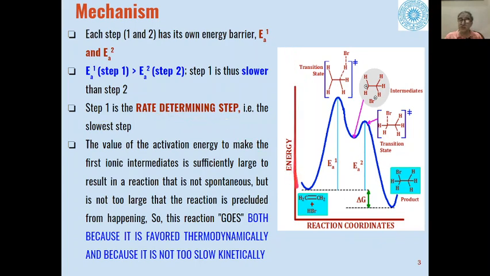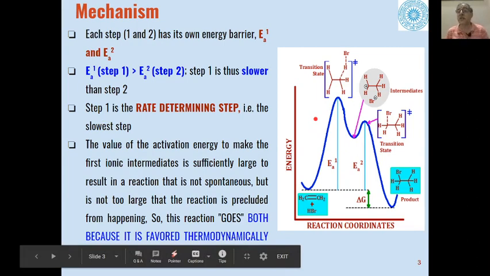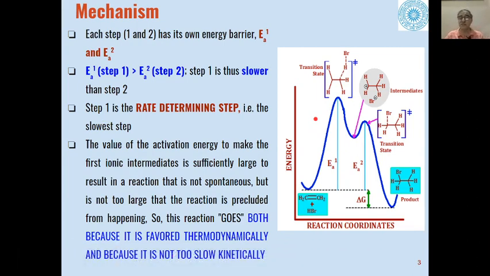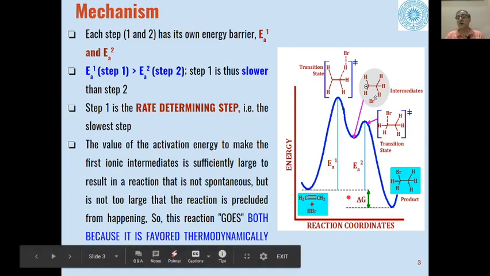So these are the various pieces of information which we can get from these types of potential energy level diagrams, and then we can know about the energy of activation for each step of the reaction, and whether the reaction will be spontaneous or not, or whether the reaction will be exothermic or endothermic. In this case we can see that the energy of the product is lesser than the energy of the reactants.